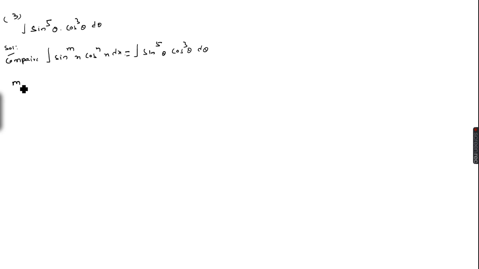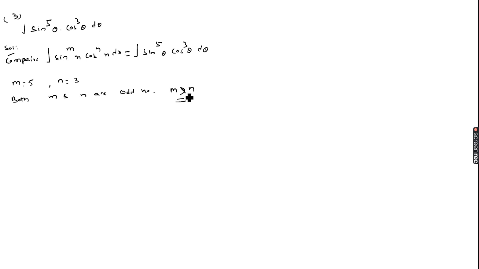So here m equal to 5 and n equal to 3. So both m and n are odd numbers. And here m is greater than n.